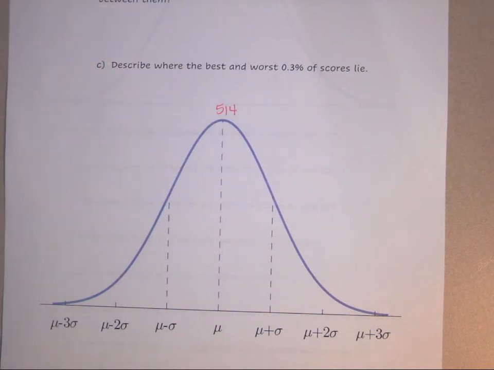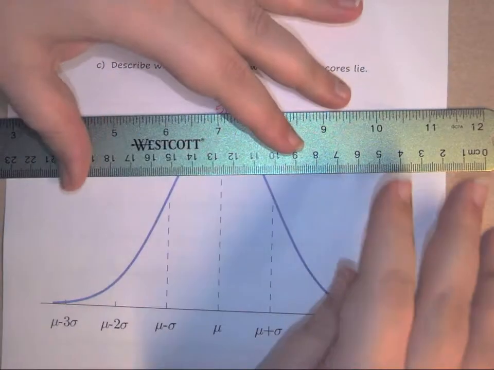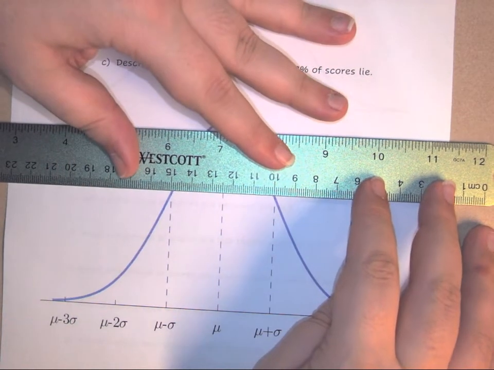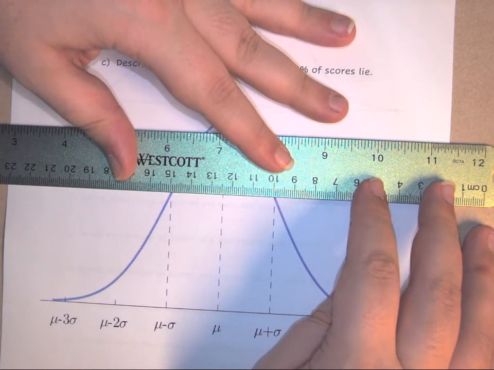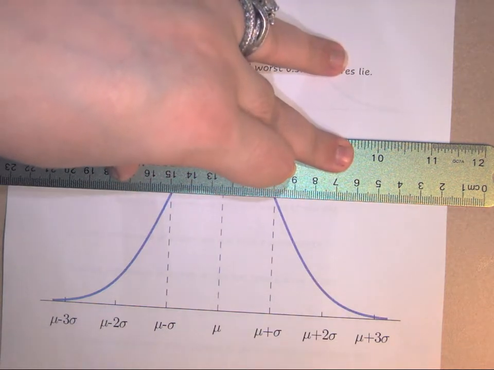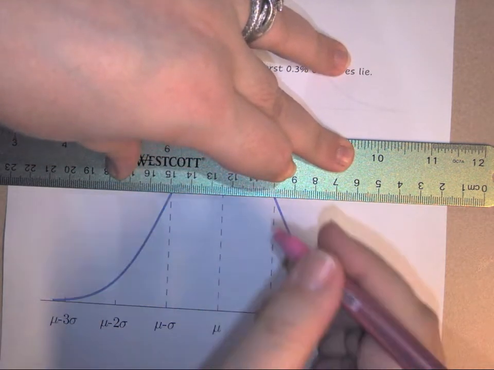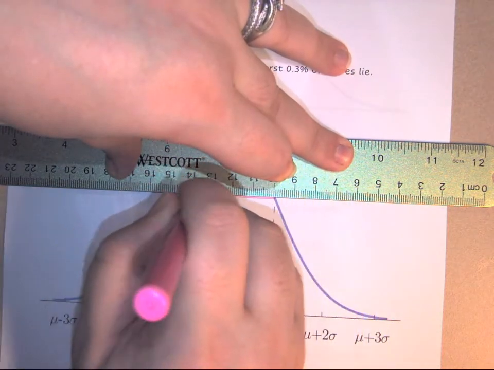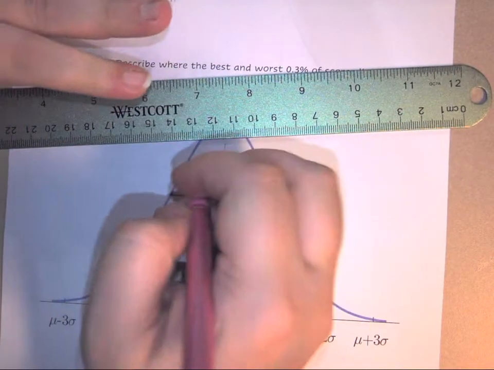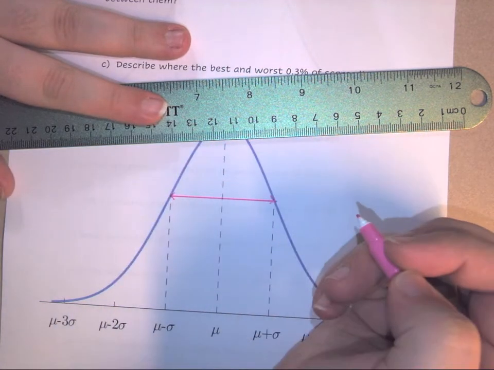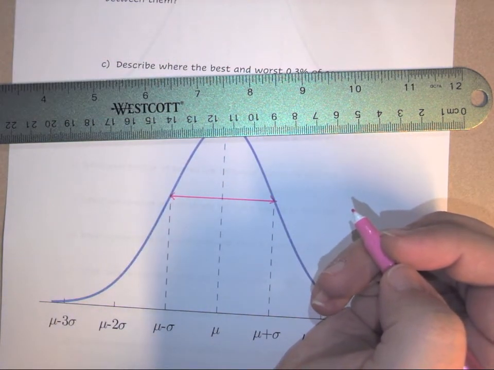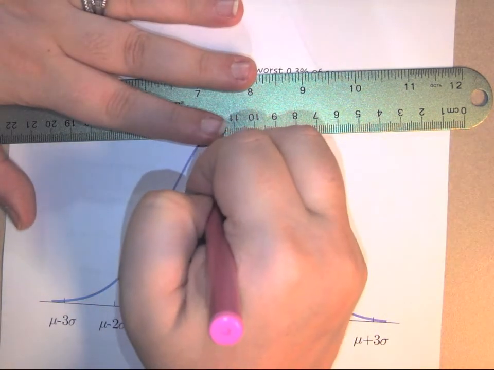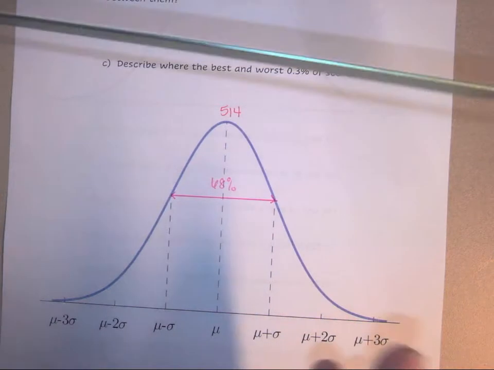Now we also have some important information on the structure of a standard deviation graph. So between your first standard deviations in the positive and in the negative direction, this first piece right here is going to represent 68% of all of your data values.